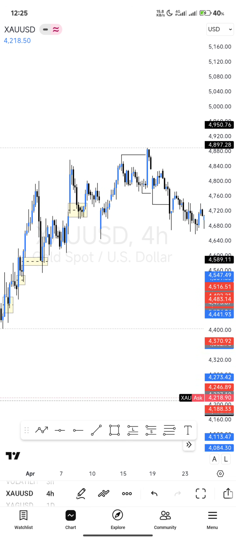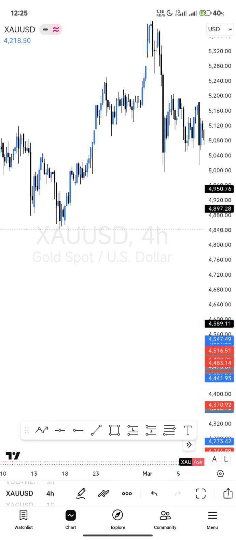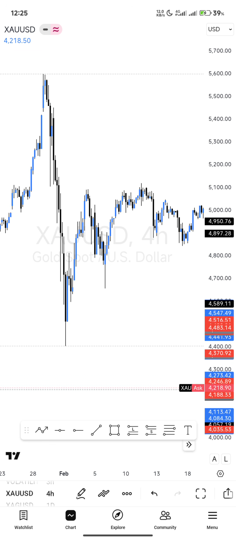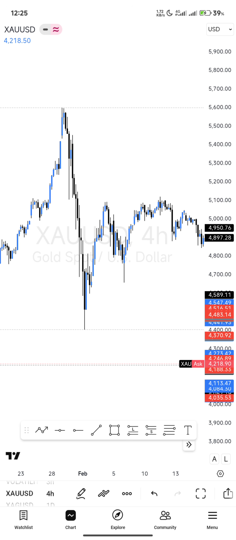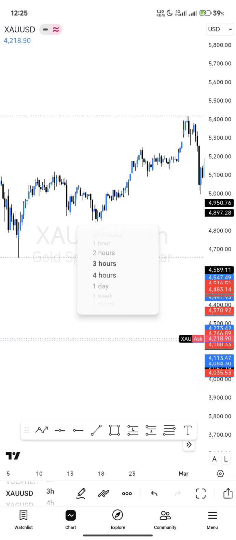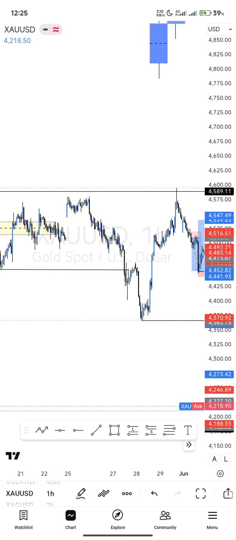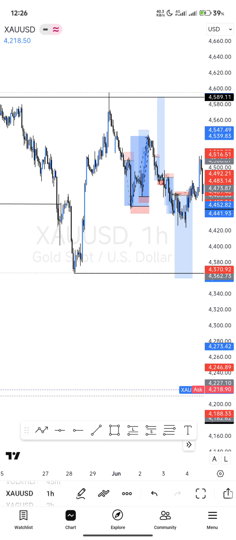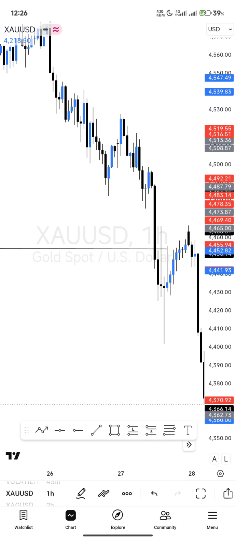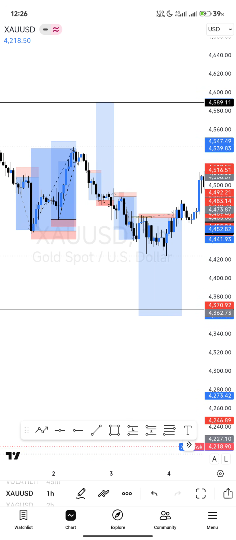Let's see if we can get an example like that. Inverse fair value gap. Let me take this to the 1 hour time frame. Probably we'll see some examples there. Let me see.